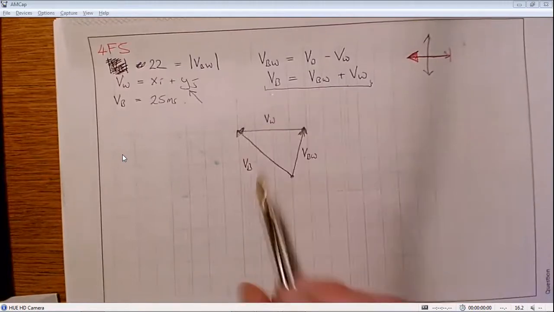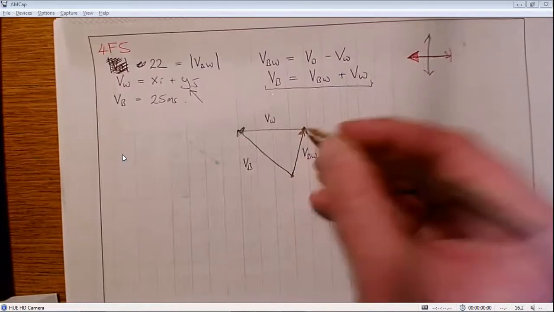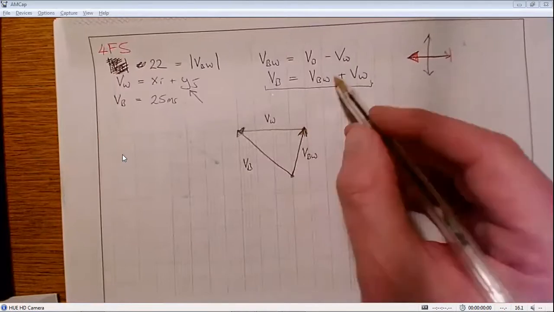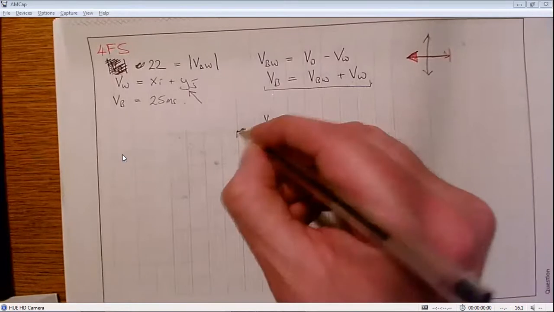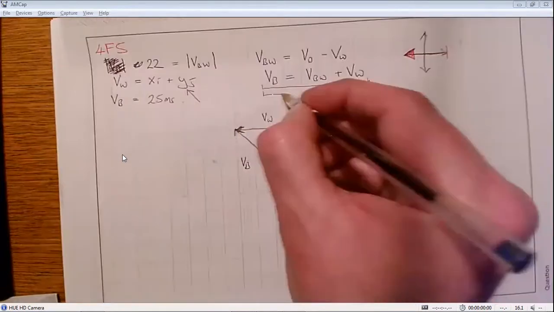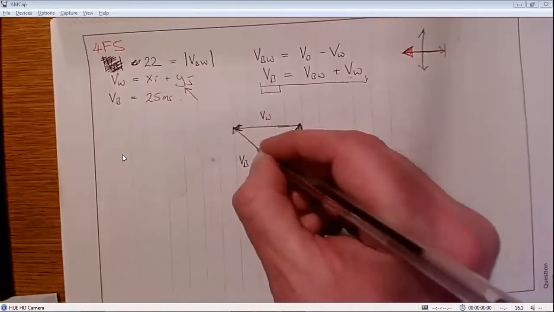And I notice I've just stopped using all my colors. But that's this vector, that's this vector, and then this is this vector. And when you add these two vectors, you get this vector. And that's true.